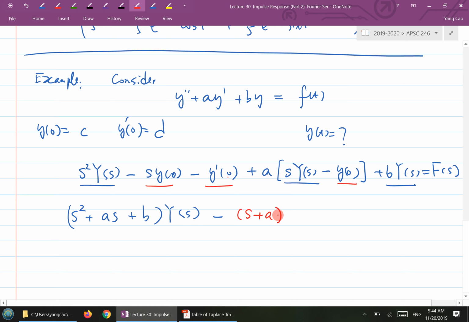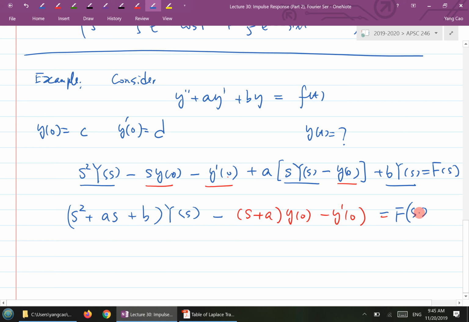which we will get, (s plus a) y of 0 and then minus y prime of 0, equal to F of s. I'm intentionally writing with two different color sets here.